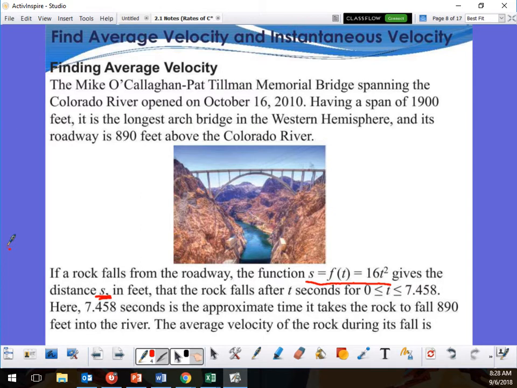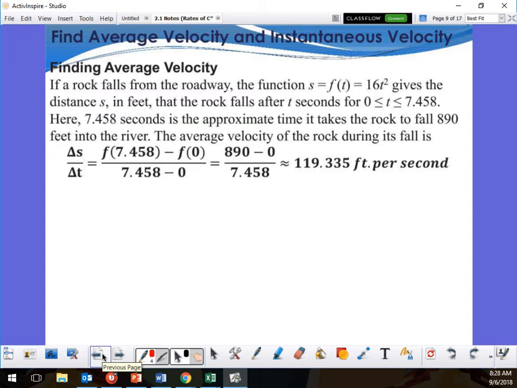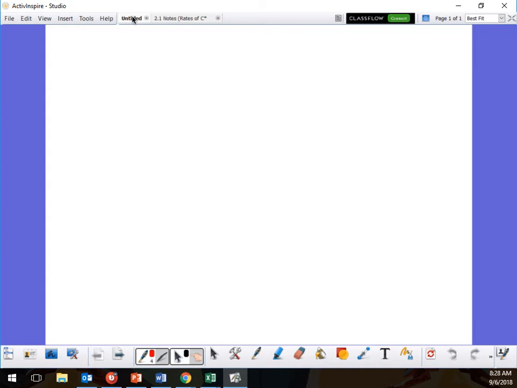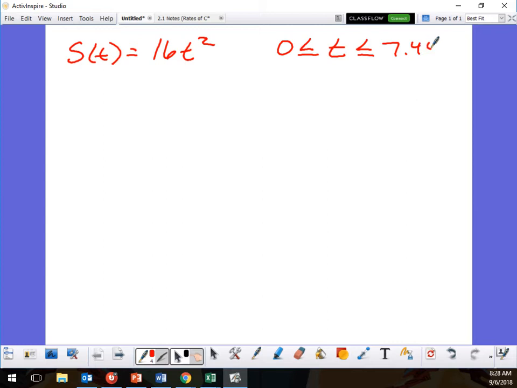So I'm going to find the secant line from start to end. s of t equals 16t squared, between 0 and 7.458.